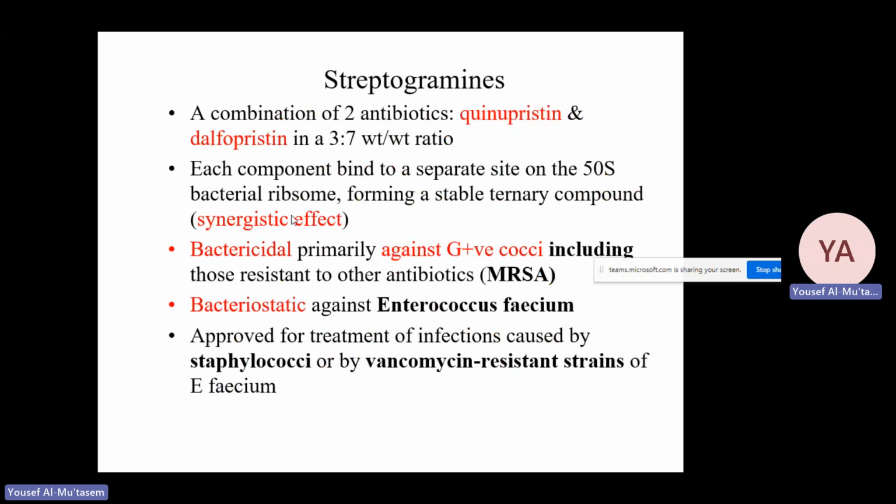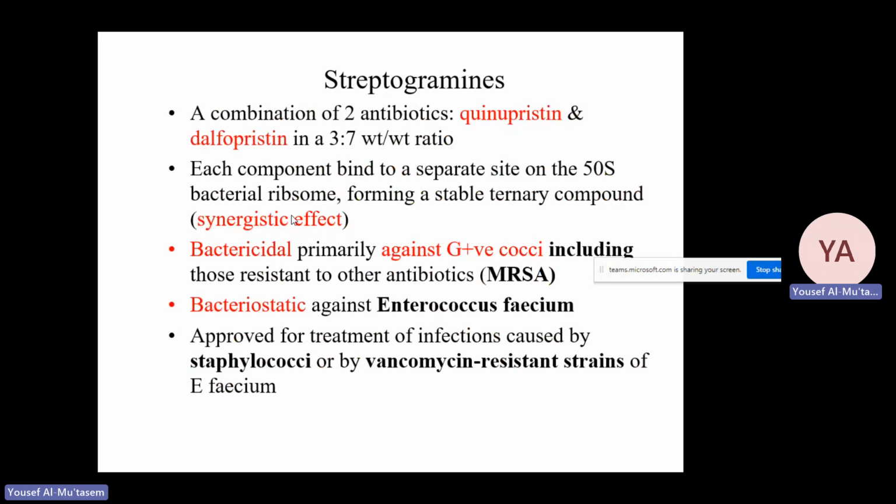Just go back a little bit. We said that we have agents that can handle the MRSA situation, like vancomycin and the fifth generation cephalosporin. Now we also have two more, streptogramins and the linezolid.